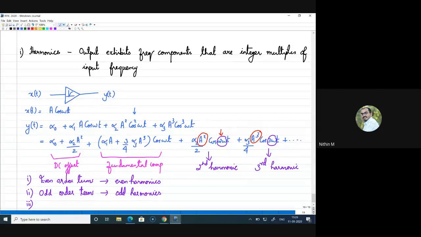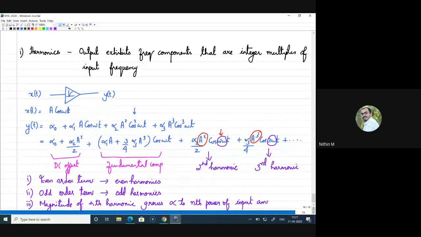That means I'll write one more observation here: the magnitude of the second harmonic or third harmonic, or for that matter the nth harmonic. So the magnitude of the nth harmonic grows roughly proportional to the nth power of the input amplitude.